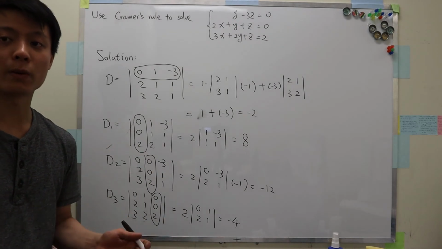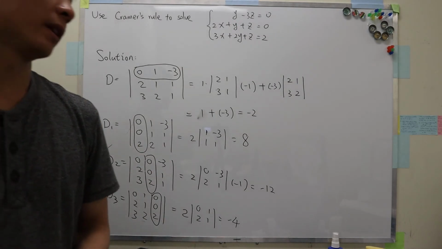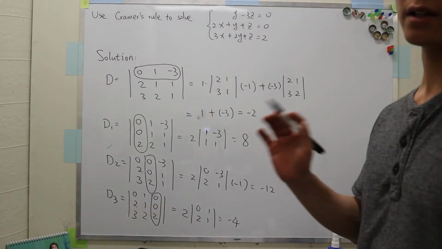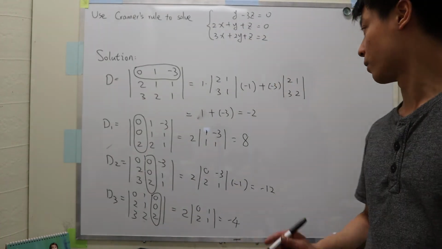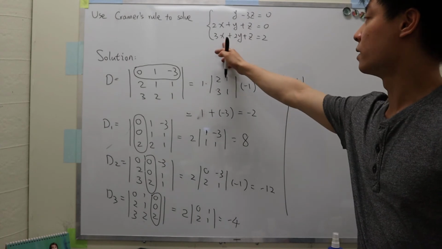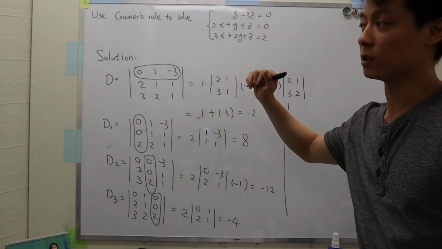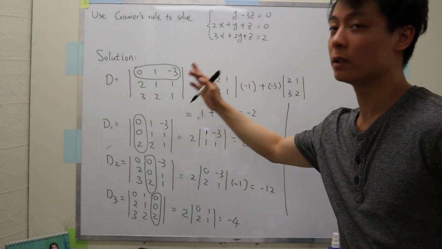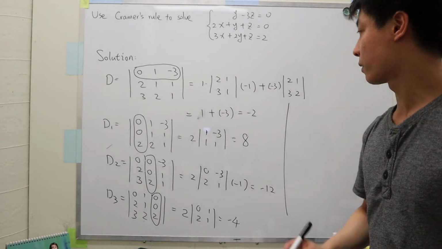Now we have everything ready. We just need to plug into the formula to find the value of those variables x, y, z. Since x here in the equation is in the first column, we will be using D1 for the value of x.